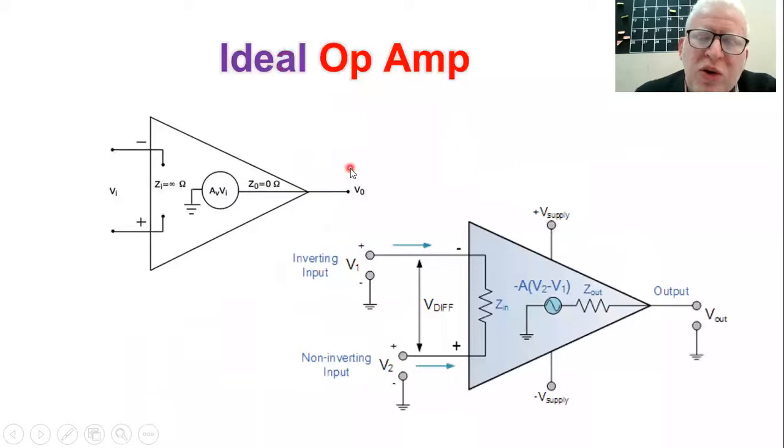Then we discussed what's called the ideal operational amplifier. Whenever we have an ideal operational amplifier, there are 5 important statements you have to remember. First, your input impedance will tend to infinity, your output impedance will tend to 0, and your open loop gain, which is A, will tend to infinity. So these are the 3 main assumptions.